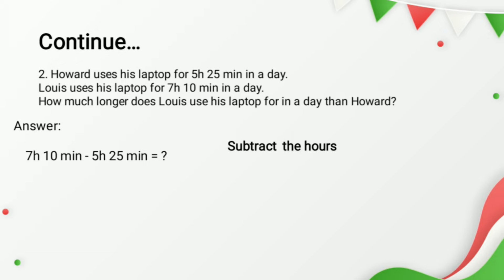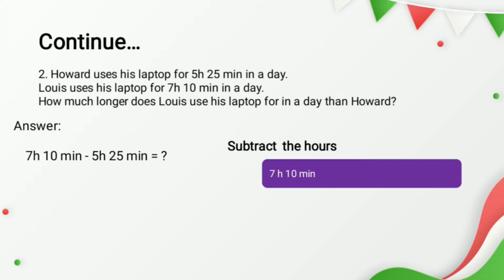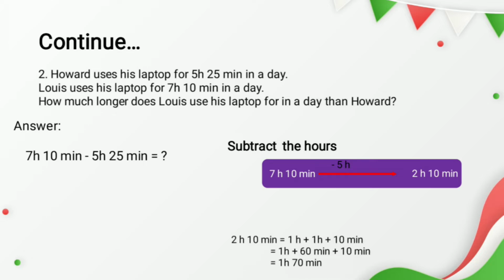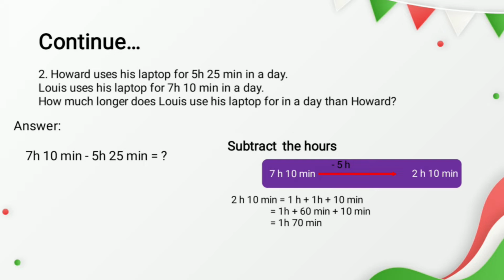Step 1. Subtract the hours. 7 hours 10 minutes subtract 5 hours equals 2 hours 10 minutes. 2 hours 10 minutes equals 1 hour plus 1 hour plus 10 minutes. 1 hour plus 60 minutes plus 10 minutes equals 1 hour 70 minutes.